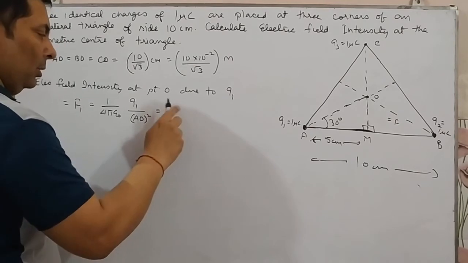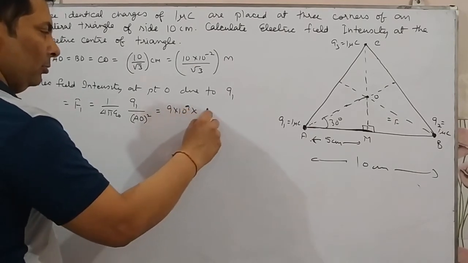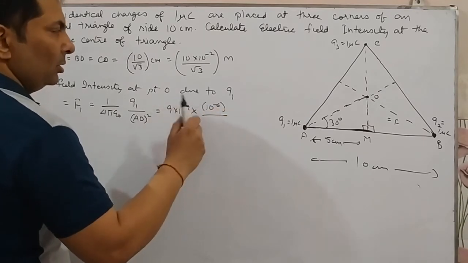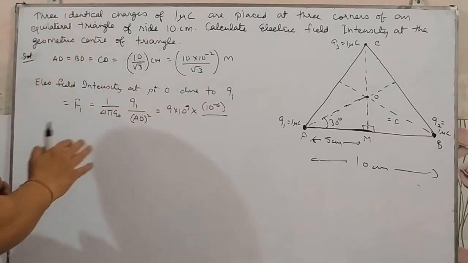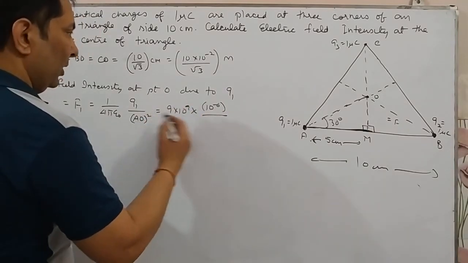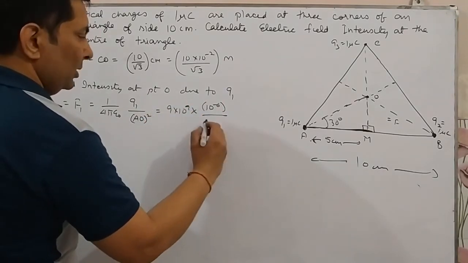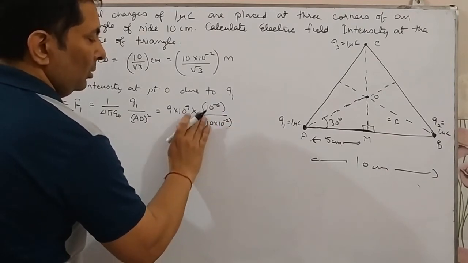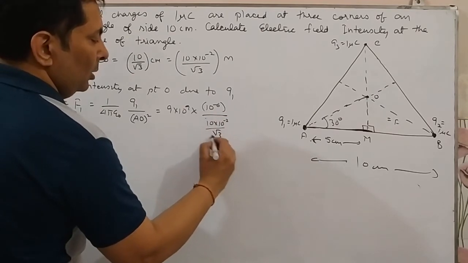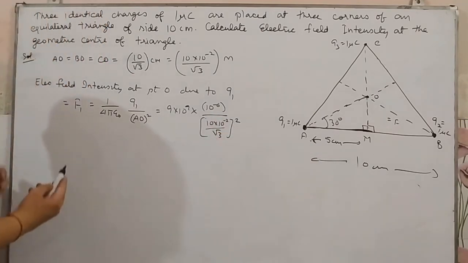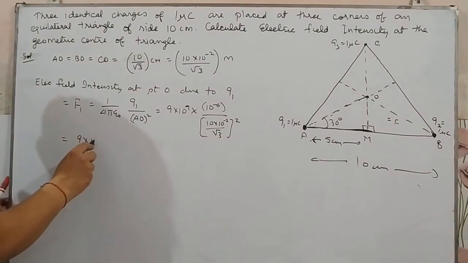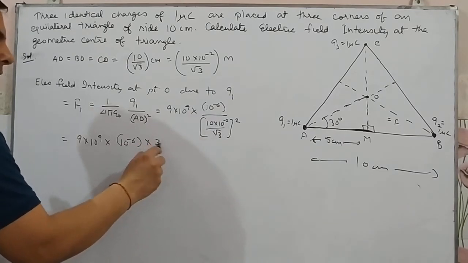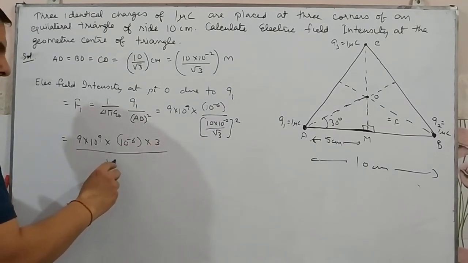So this is 9 into 10 raised to power 9, into Q1, which is 1 microcoulomb, that is 10 raised to minus 6 coulomb, divided by the distance squared. Distance is 10 into 10 raised to power minus 2 upon root 3, squared. The result comes out to be 9 into 10 raised to power 9 into 10 raised to minus 6, and root 3 square becomes 3, then 10 raised to minus 1 square.